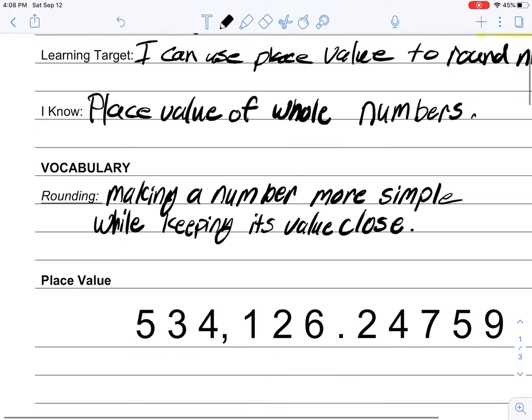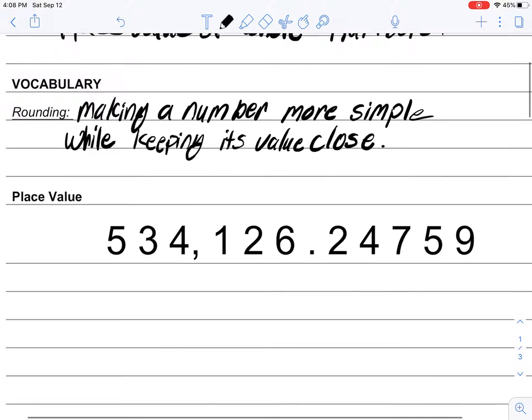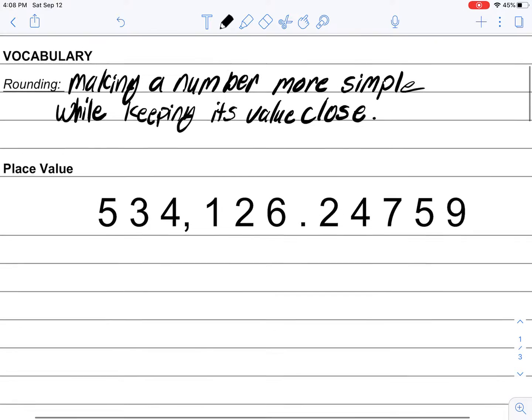Again, great time to pause the video if you want a moment to write this down. Making a number more simple while keeping its value close. We often do this in numbers that are really long and complex. We round them to make them a little bit simpler without changing the value much, so our answers will still be similar. Okay?